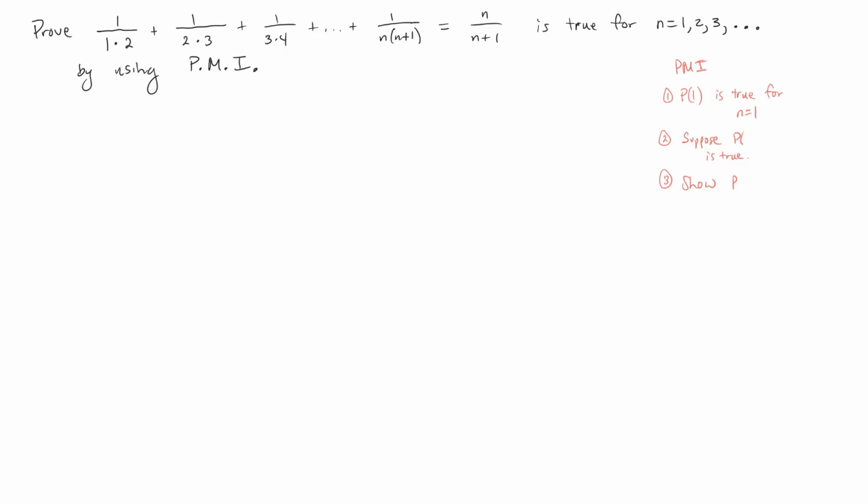I said one thing and I wrote something else. I meant to say suppose P of k is true. A good way to remember this is for some fixed k value. Now you want to show that P of k plus 1 is true. And that's going to be the tough part. Step 4, you're going to make sure you write your conclusion. Write what you just proved. That's really important.